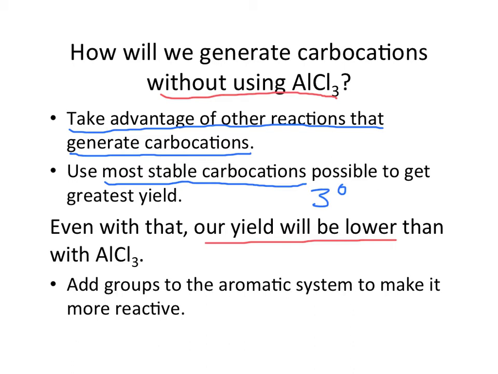So we're going to add groups to the aromatic system to make it more reactive so that we can get an effective reaction even with a lower concentration of carbocations than we would get in a typical Friedel-Crafts Alkylation.